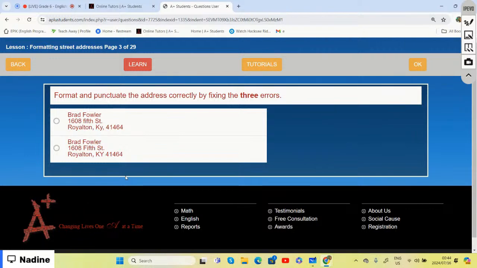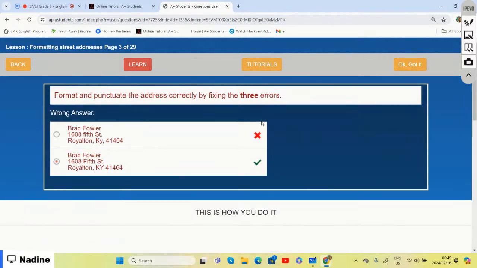The street is correct. All right, so if we were to choose the correct one, I'm not sure if it's the first one or the second one. So it's the second one. I knew it. So it's the second one that is correct, not the first one.